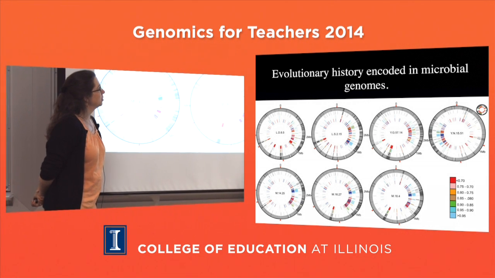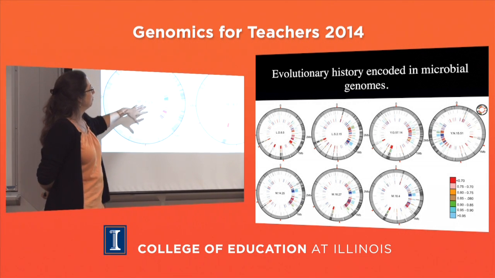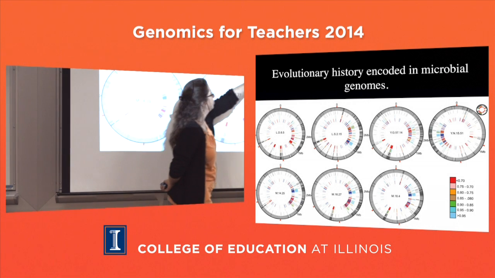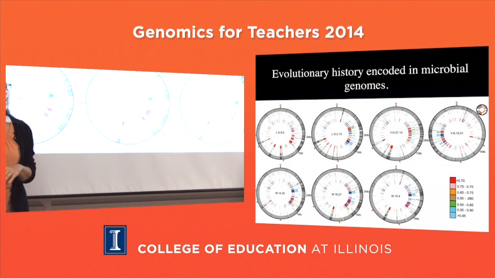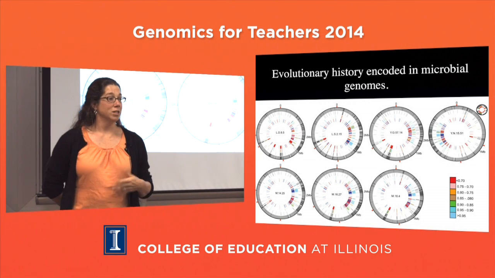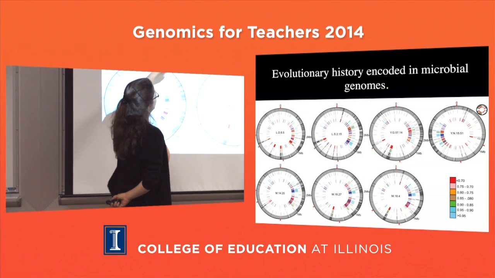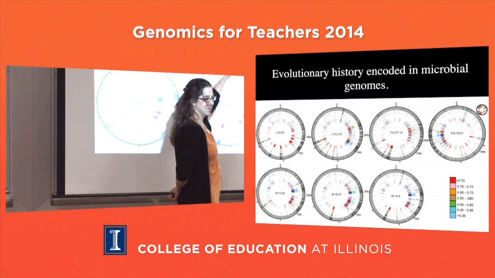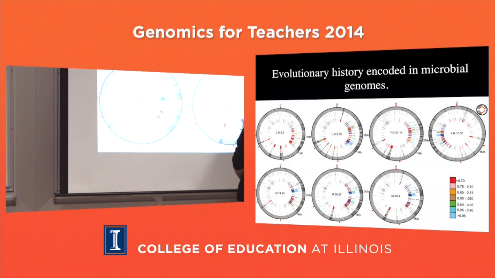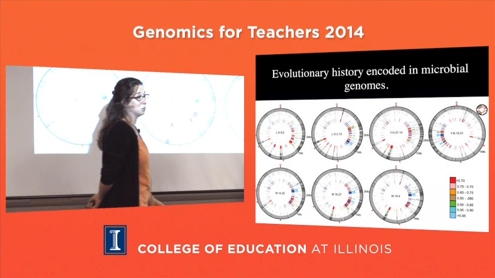So what we did was compare genomes from 3 different locations: 2 from Lassen, 2 from Yellowstone, and 3 from Kamchatka, and we wanted to see what's different between them. Are there things that are more similar in the Lassen strains that make them Lassen strains than the strains from Yellowstone that make them Yellowstone strains? That's what we wanted to do.